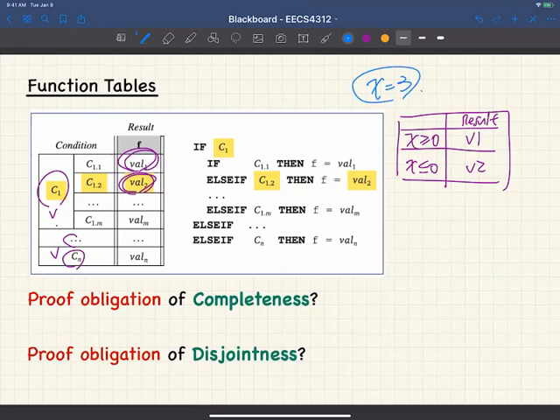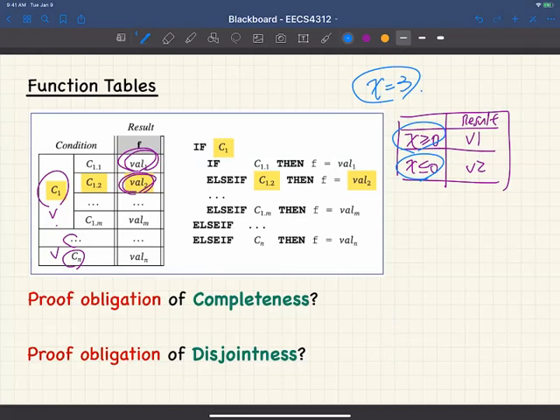I always get the same result, would I not? X equal to 3 will always satisfy the first row and give V1. Does that mean the table itself is healthy? No, it has to hold for all values. So how can you formulate disjointness? How do you know that this row and this row are actually not disjoint? What's the proof obligation here? That's my concern.